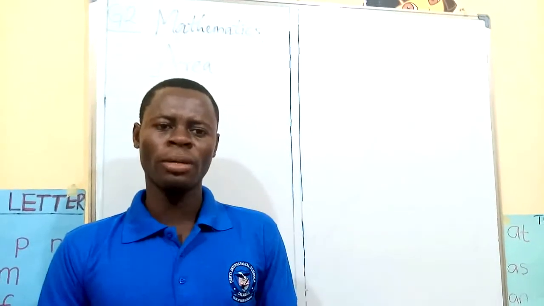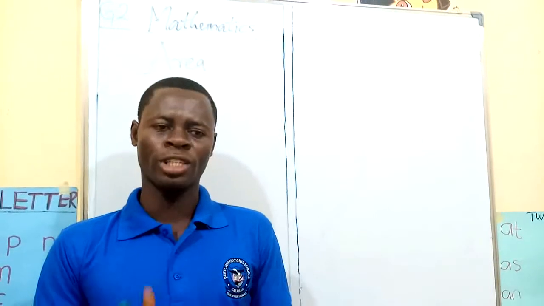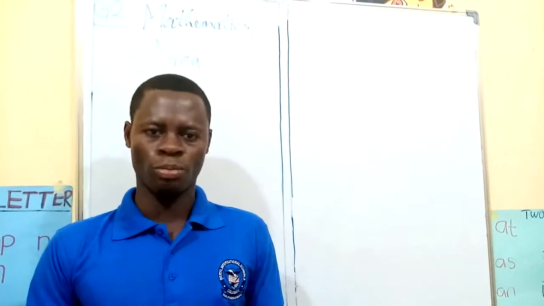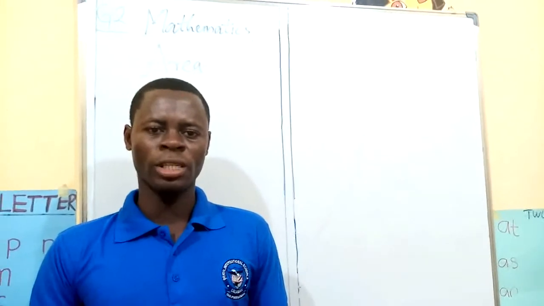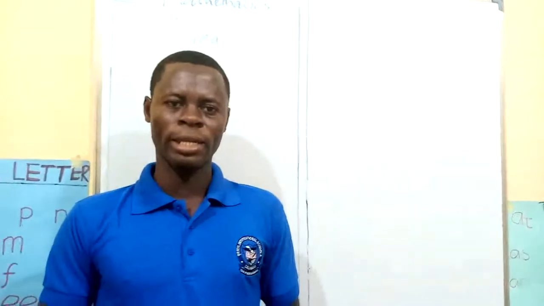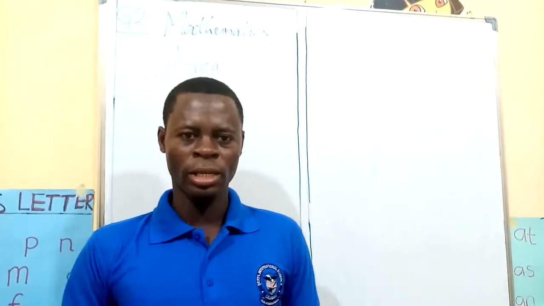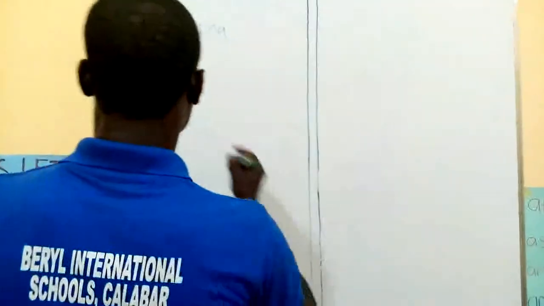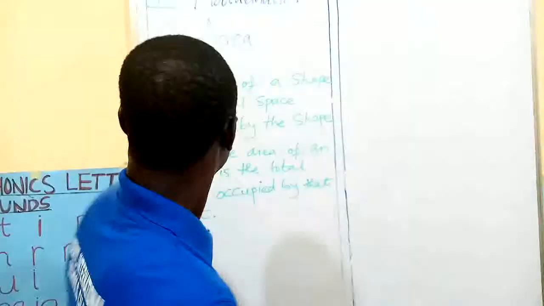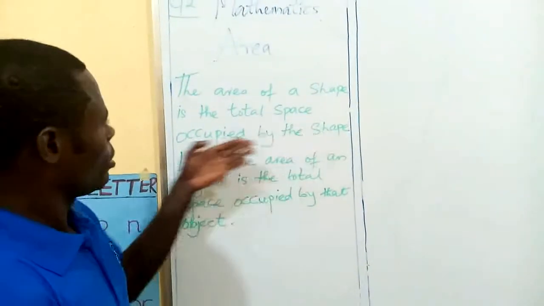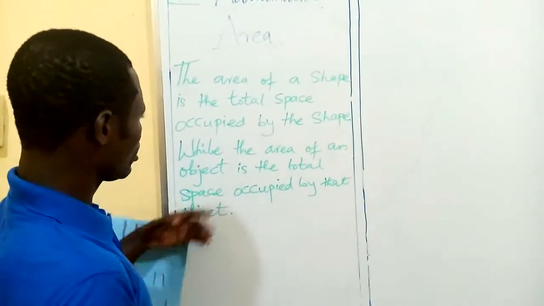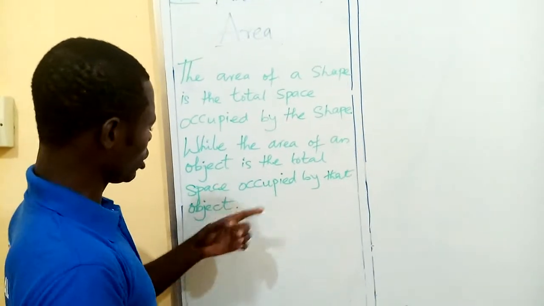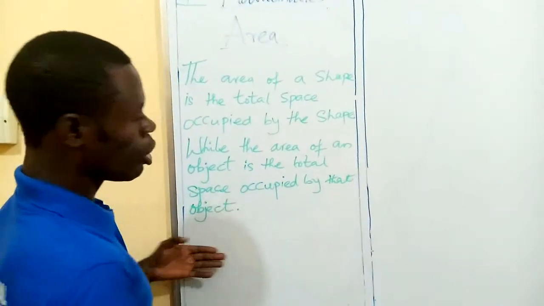The area of a shape is the total space occupied by the shape. Okay, let's write, just to give you a little definition. We said the area of a shape is the total space occupied by the shape, while the area of an object is the total space occupied by that object.